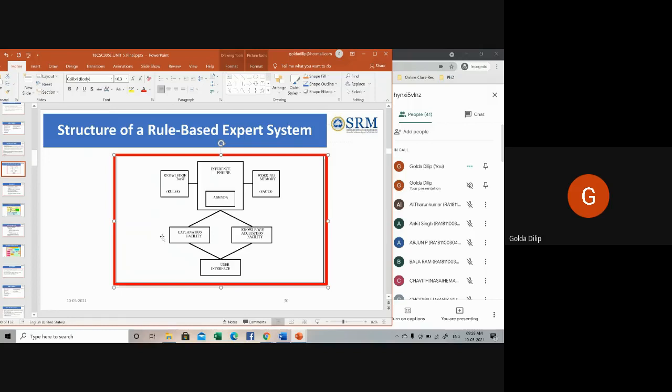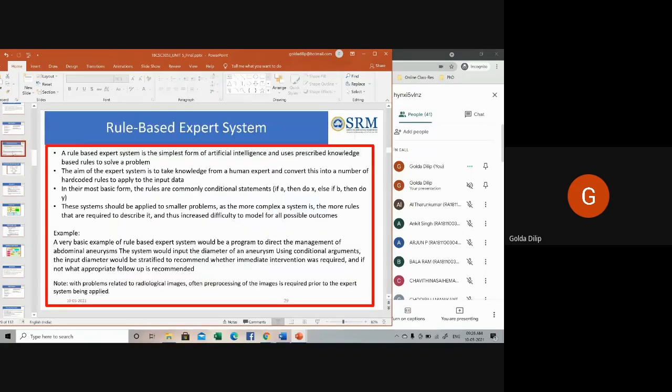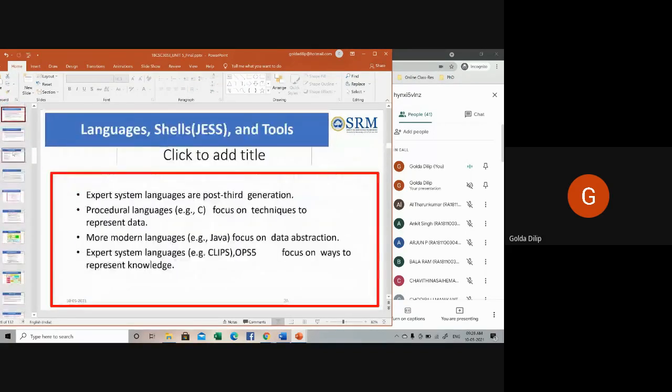Then we have what is called the knowledge acquisition facility. In the beginning of the class we started with the slide on knowledge engineering and knowledge engineer, where we looked into the phases of this diagram, and I explained knowledge acquisition systems.